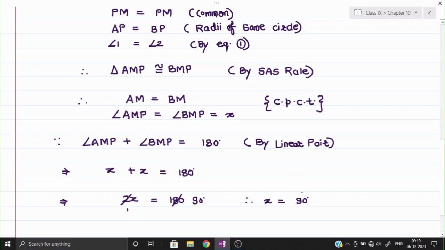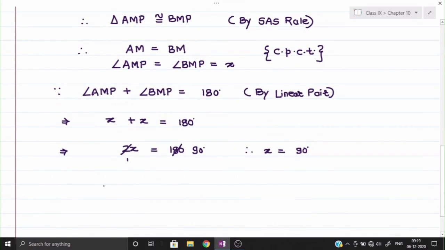Means both the angles, angle AMP and angle BMP, will be equal to 90 degree. This one I am giving equation number 3, and this one, AM is equal to BM, I am giving as equation number 2.